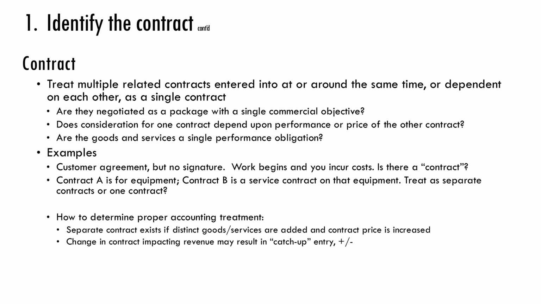Does it mean it's an extension of the existing contract? Again, it depends upon your business practices and the interpretation of ASC 606. A lot of these questions don't have hard and fast answers. A change in a contract may impact revenue to the point where you actually have to do a catch-up or a catch-down, a positive or negative adjustment based on what you've recognized in the past as well.